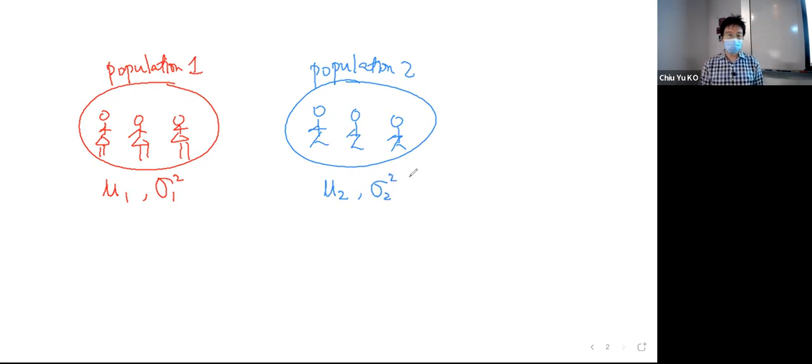So the question is, very often we care about the difference between the two means, right? What we care about is actually sometimes getting the difference. Okay, this is the thing we care about, sometimes called delta mu. Okay, why do we care about this? Why do I care about delta mu? The reason is that, say, 1 is the population that has the vaccine, right? 2 has no vaccine.